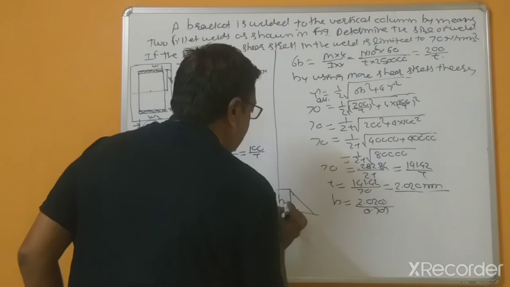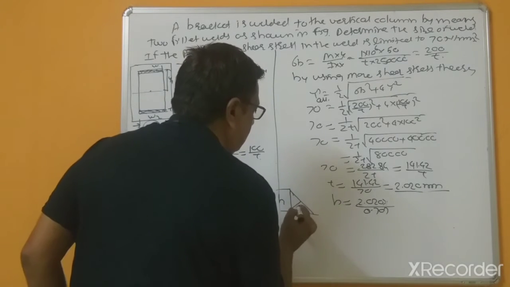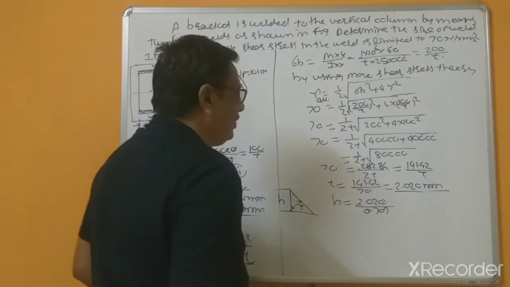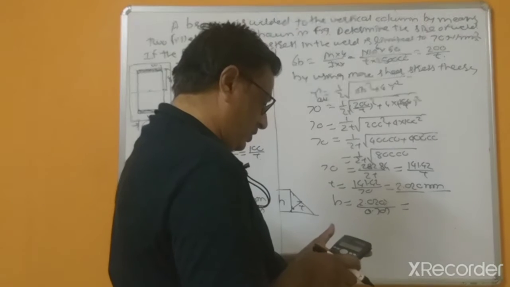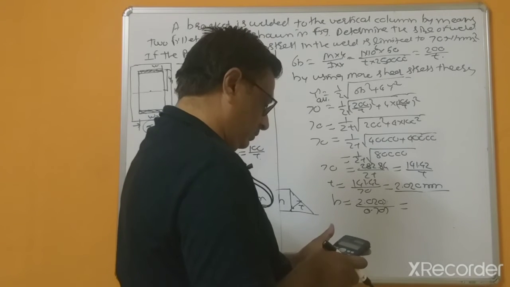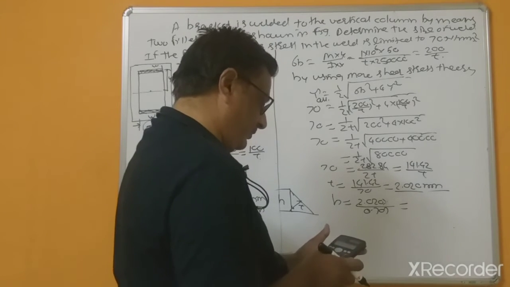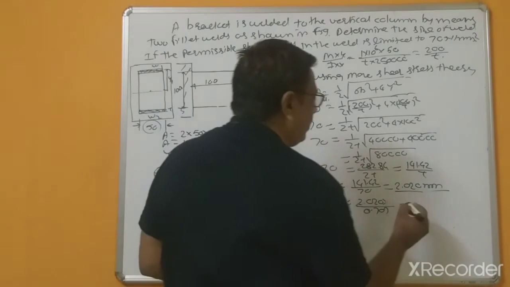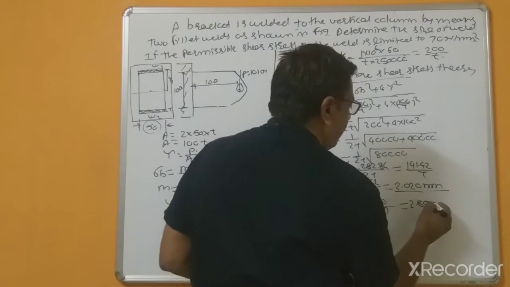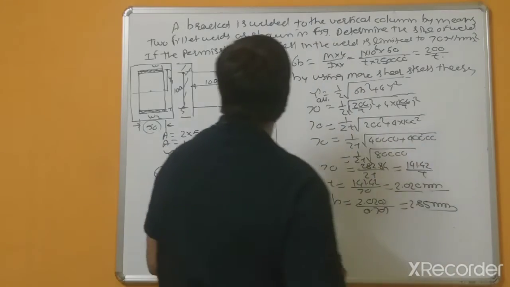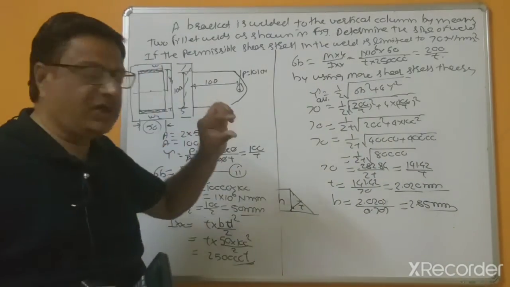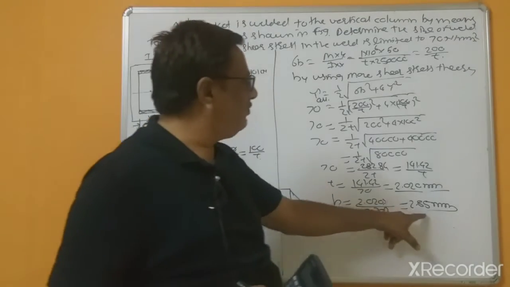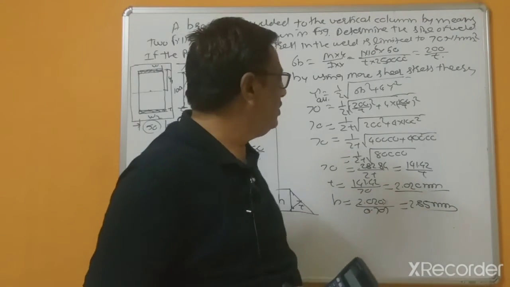This is equal to h, and this is the t. So h equal to 2.85 mm. This is the thickness above the weld, that is equal to 2.85, and throat equal to 2.20.